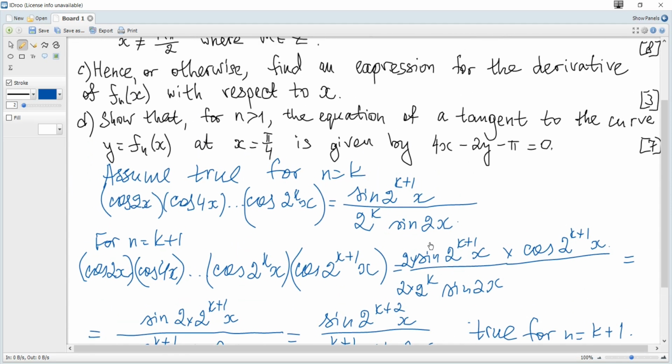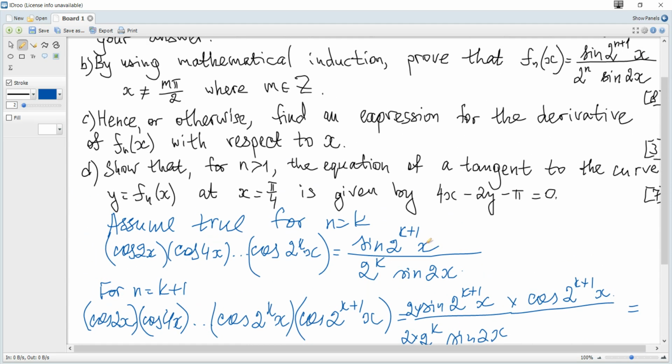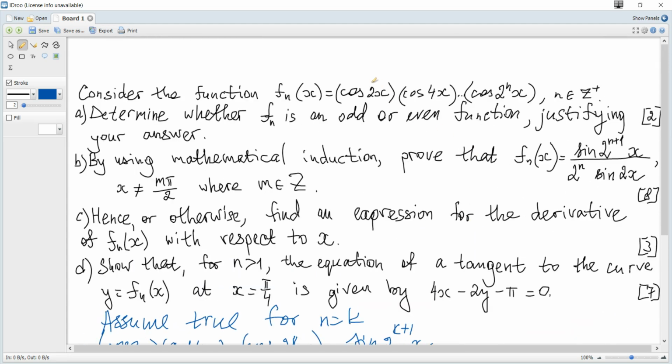And the next, hence or otherwise, find an expression for the derivative of f_n of x with respect to x. You can use this or this function, but definitely it's more useful to use this expression.